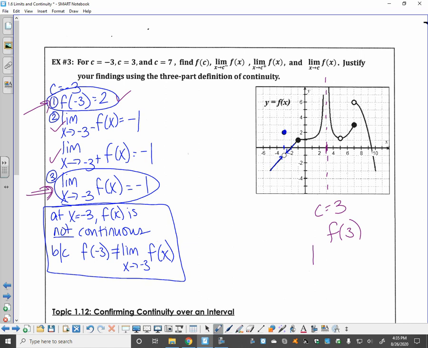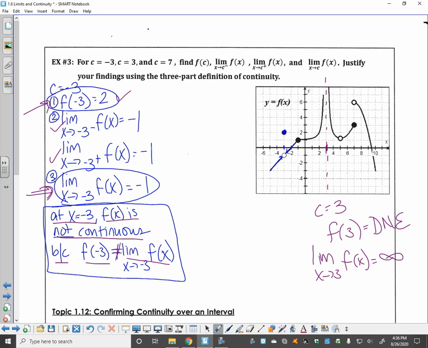Therefore, the limit as x approaches 3 of the function is infinity. f of 3 does not exist. So at x equals 3, f of x is not continuous because f of 3 does not equal the limit as x approaches 3 of f of x.